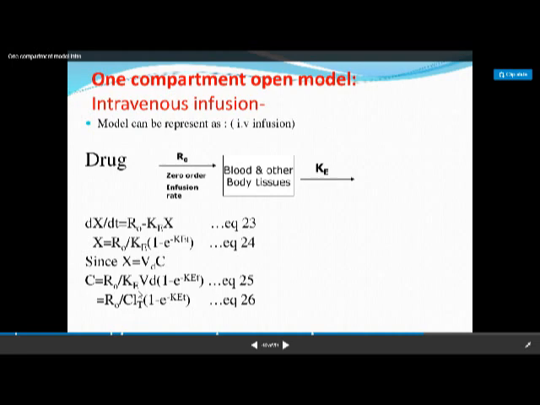So putting this value in the equation, C equals R0 upon total clearance multiplied by 1 minus e raised to minus Ke t. So you have got the equation up to here.